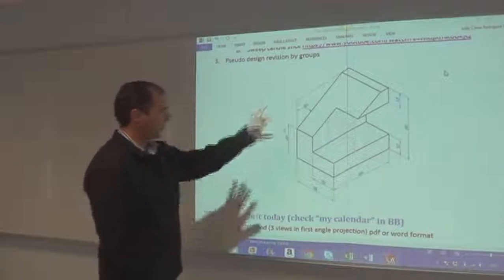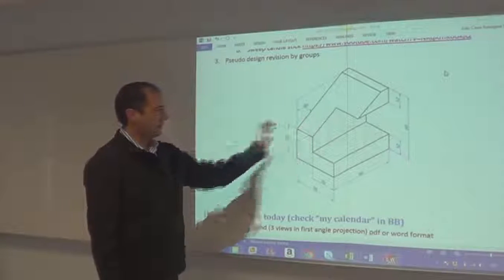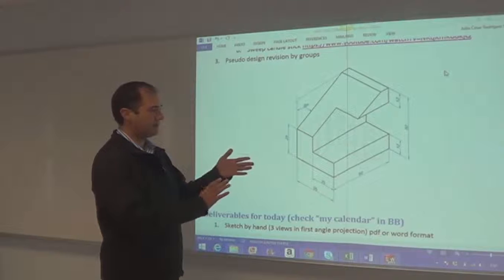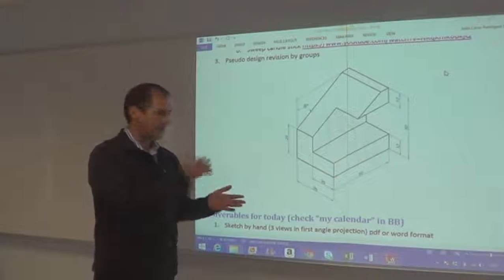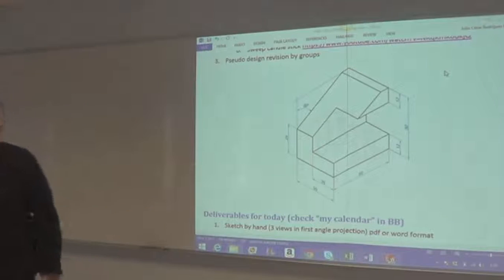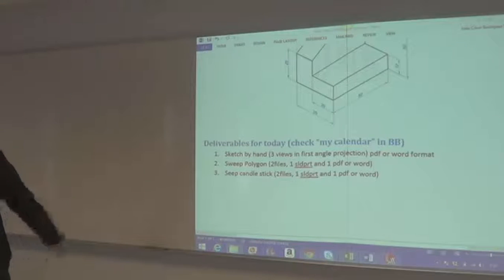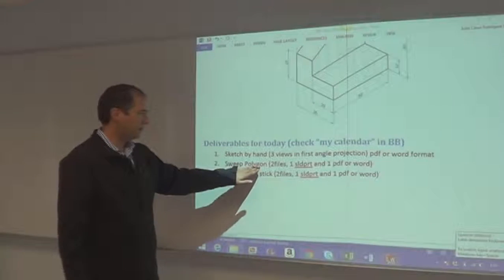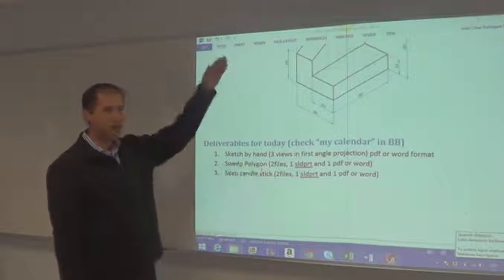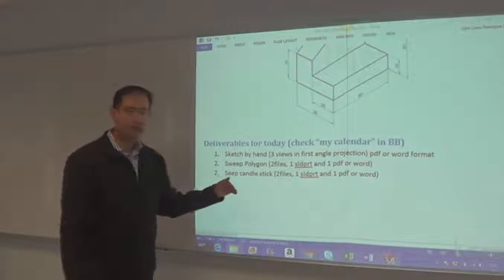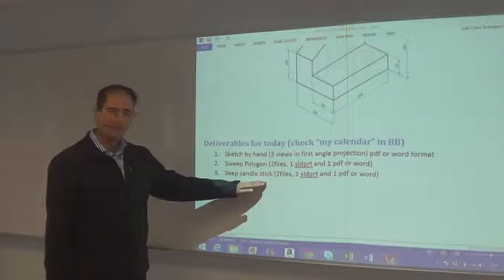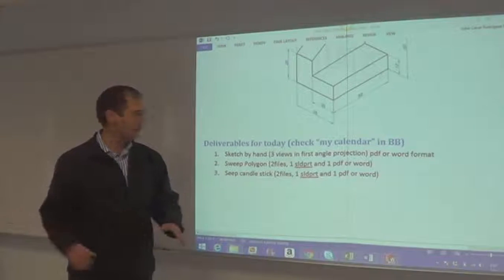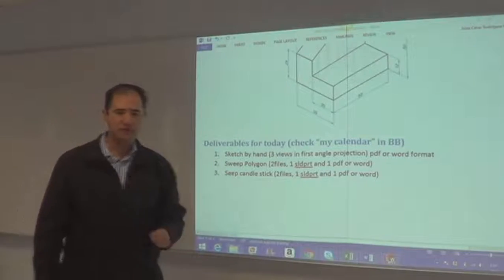So you need to select three of the views and accommodate them in first angle projection, then scan it and submit it. Deliverable number 2 is the sweep polygon, coming from the first of the videos I'm sharing with you, and the third deliverable is the sweep candlestick, and I will demonstrate the command right now.